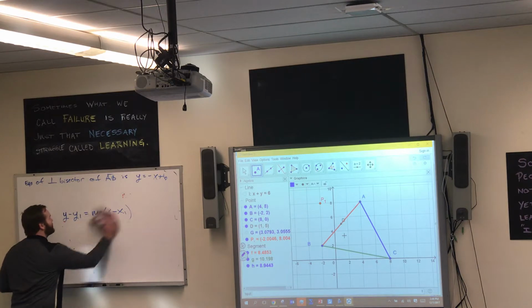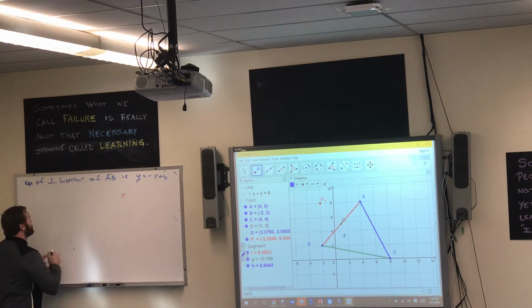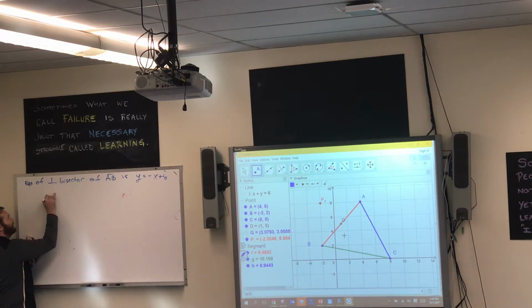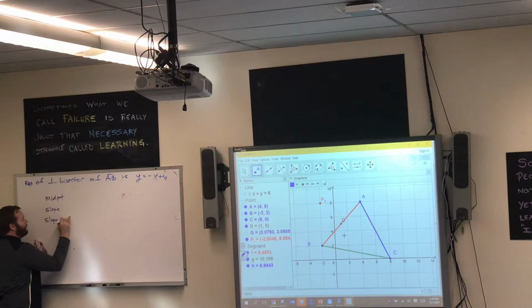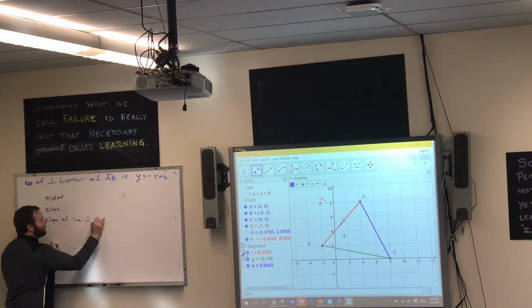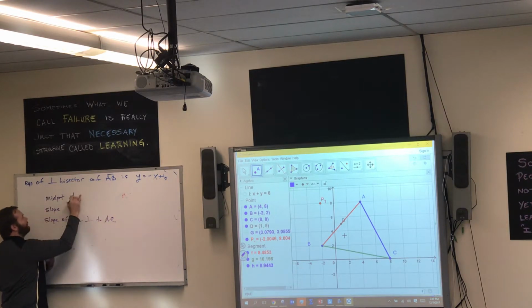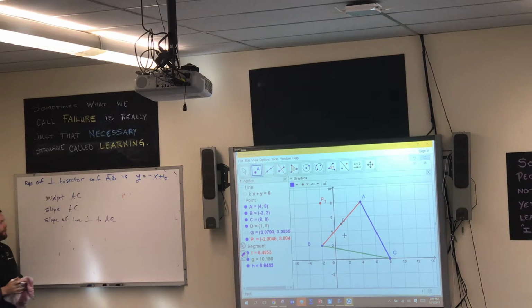Find slope. I'll write this stuff up. I know it's a lot of stuff. Midpoint of AC, slope of AC, and the slope of the line perpendicular to AC. Okay? And again, your formulas, these are things hopefully you've committed to memory.